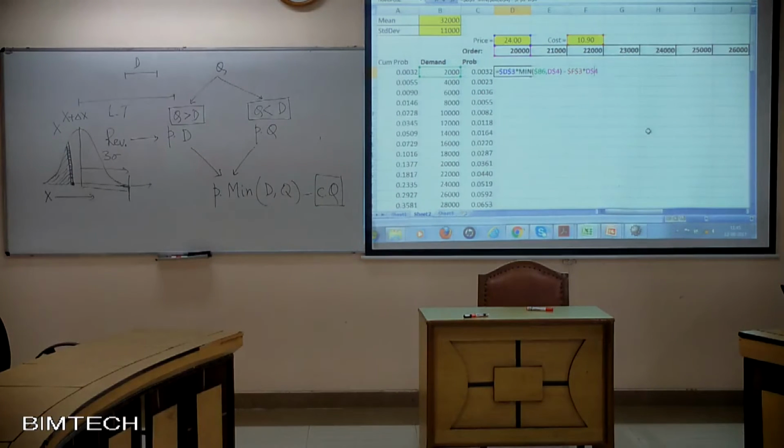I will introduce a dollar sign here as well, and that about does it for us. We have put the dollar signs appropriately so that we can copy this formula both vertically down as well as horizontally across. Okay, so I'm going to press enter here. So let's take this.